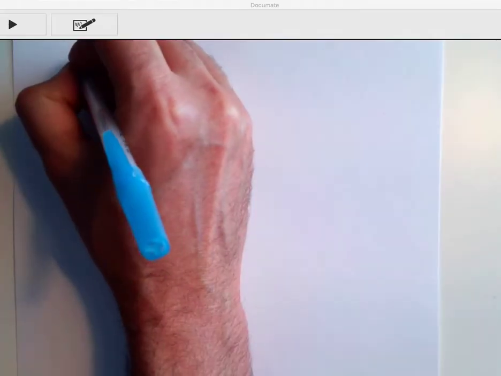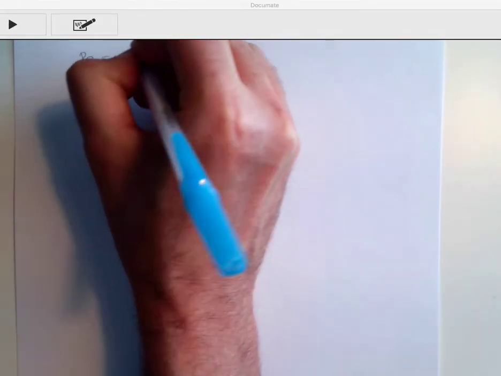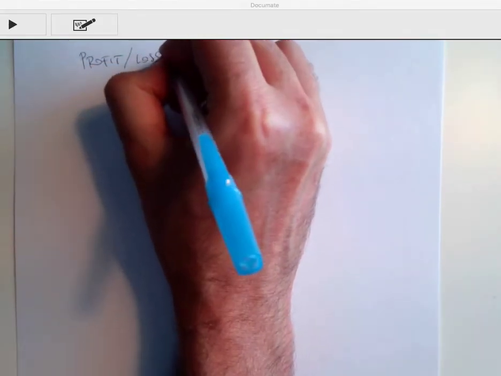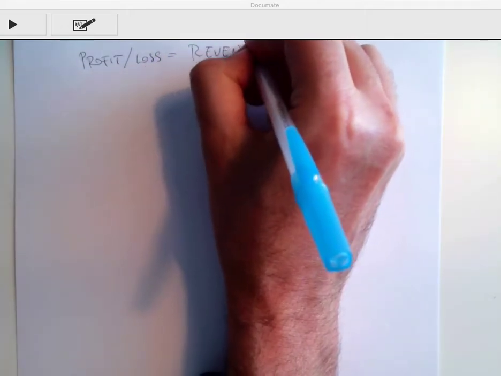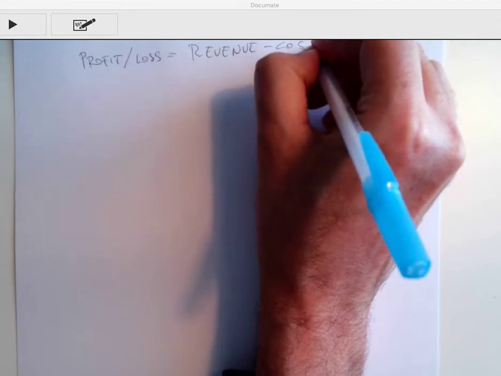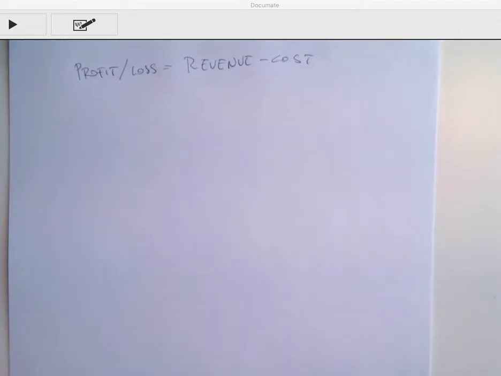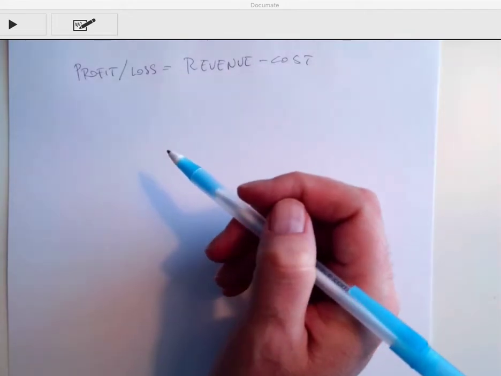So profit or losses is equal to revenue minus cost. That's the classic revenue, cost, profit equation. So revenue minus cost equals profit or losses.